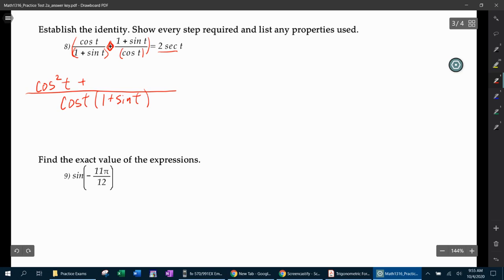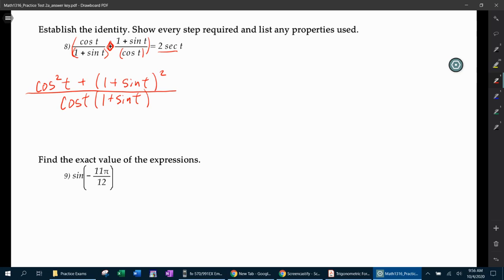And the other denominator, the cosine t, got multiplied by the 1 plus sine t. Whatever you do to the bottom, you have to do to the top. So if I multiply 1 plus sine t times itself, I'm going to get 1 plus sine t squared. And then that's going to have to be FOILed.